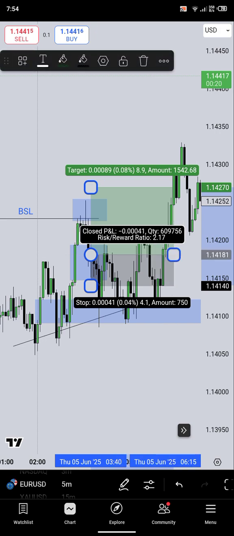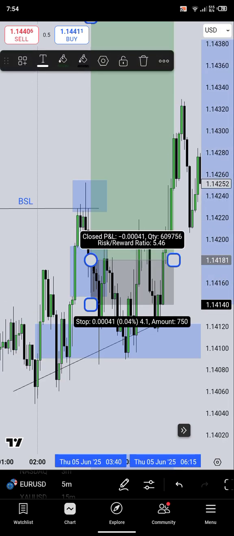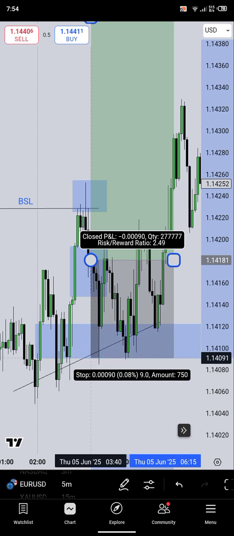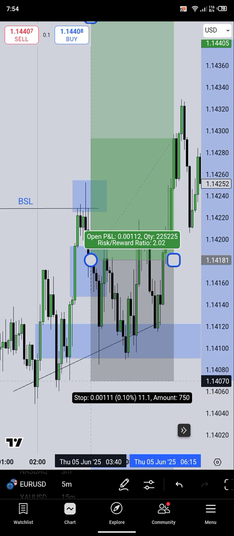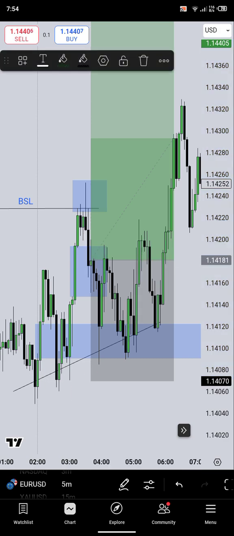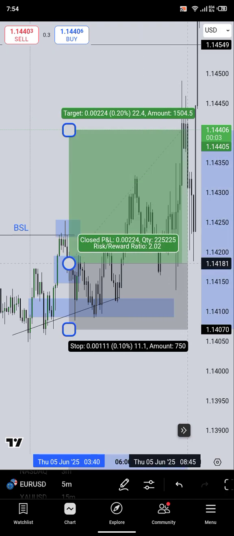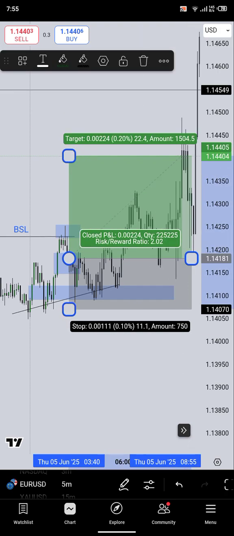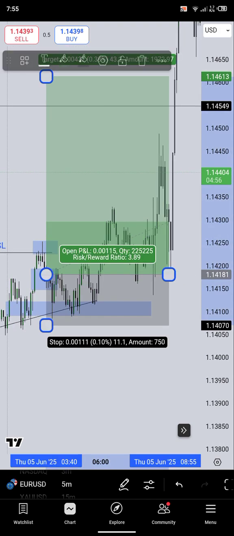Then you have to ensure that you give price enough breathing space. Our stop loss was around somewhere here. So we took our entry.